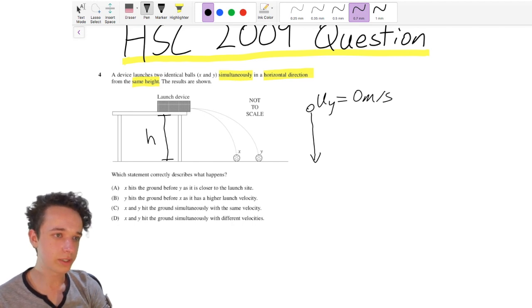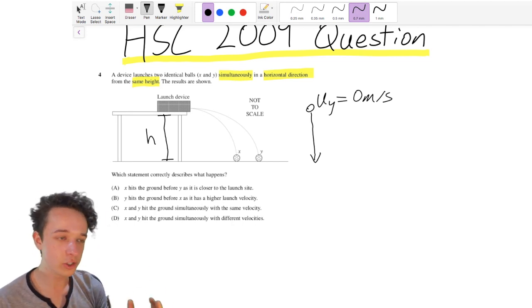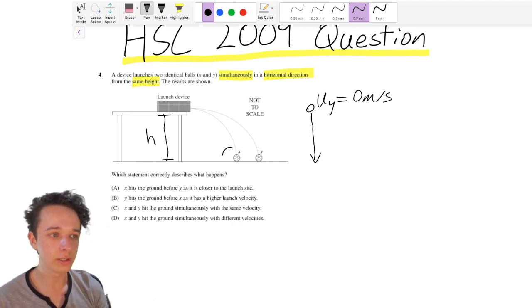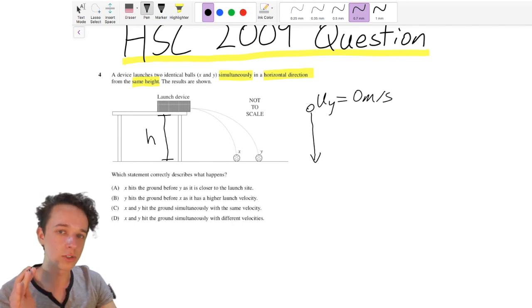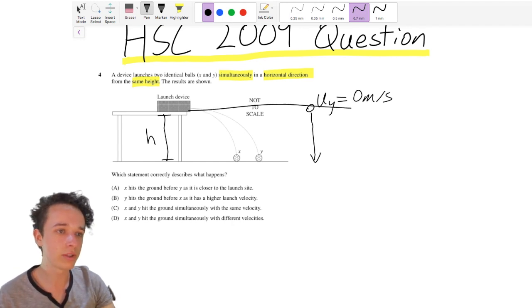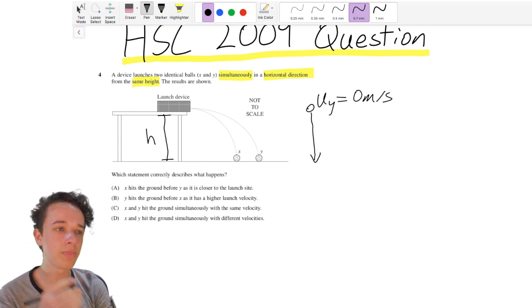So is the time that it takes to fall that height going to change for each of these cases? No, because the Y component of the motion is independent of the X component. So even though this may be launched with either a really big X initial velocity or a really small X initial velocity, it has no bearing on the Y component of the motion. And the Y component of the motion dictates how long it takes before the projectile hits the ground.